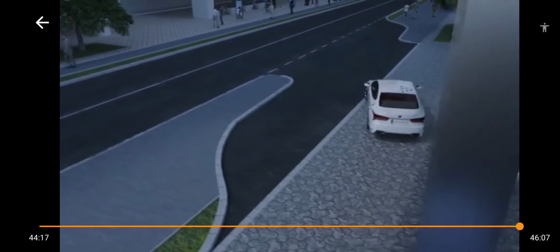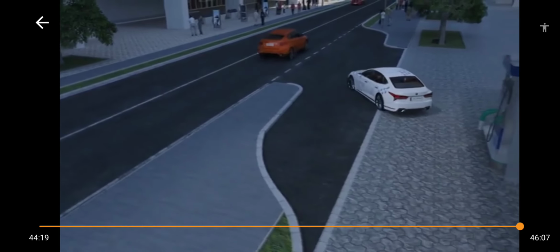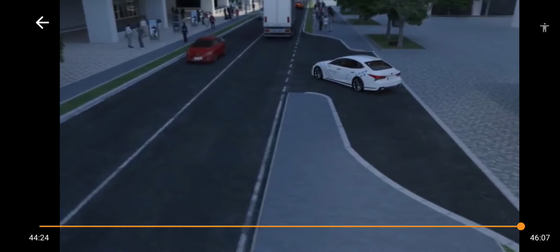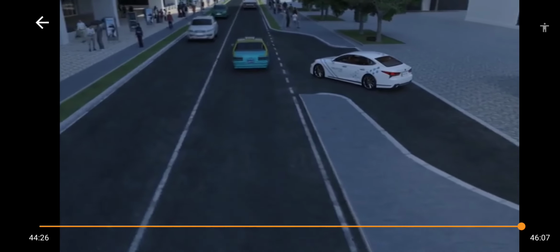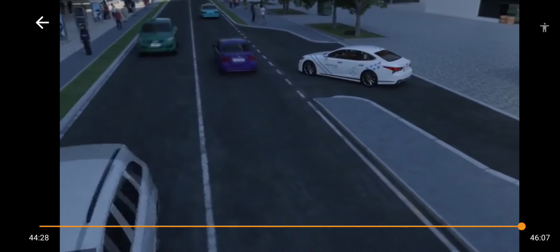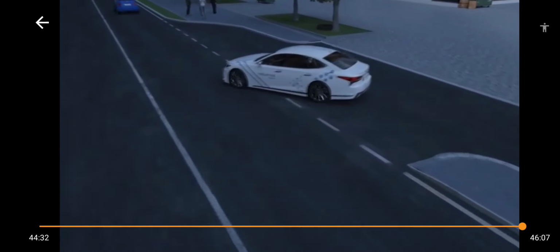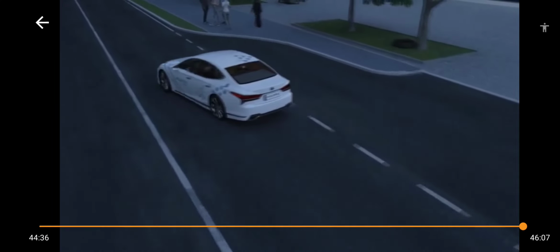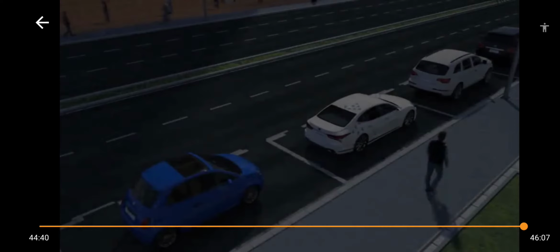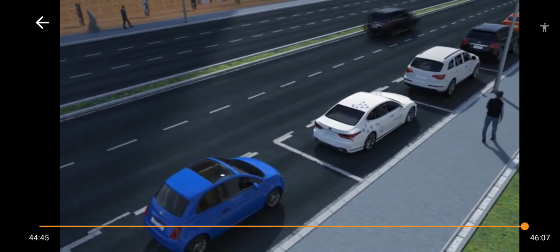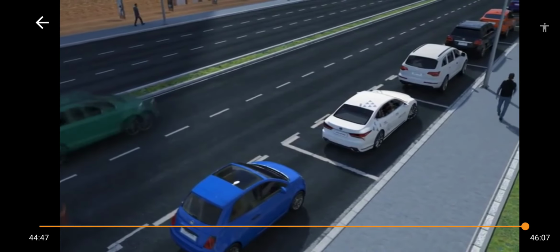Vehicles that are ready to exit from public and private parking or fuel stations. Vehicles that are ready to exit from a stop or parking place at the side of the road to start moving.